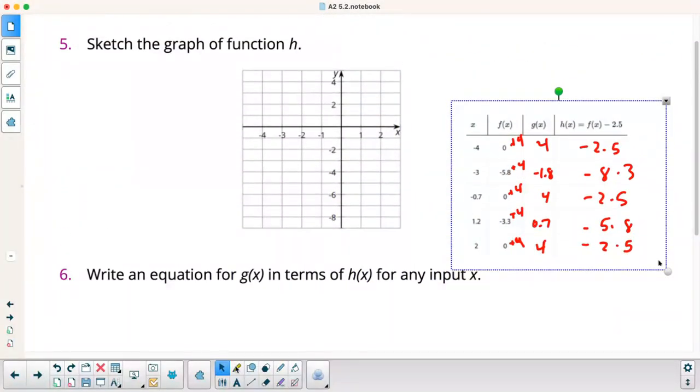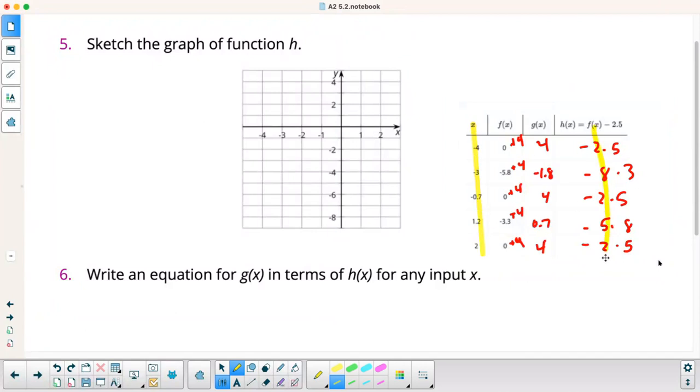All right, so I'm graphing h. So my x's are right here, and these are my y's. So negative 4, negative 2.5, negative 3, negative 8.3, negative 0.7, is that negative 2.5? 1.2 is a negative 5.8, and then 2 is at negative 2.5.